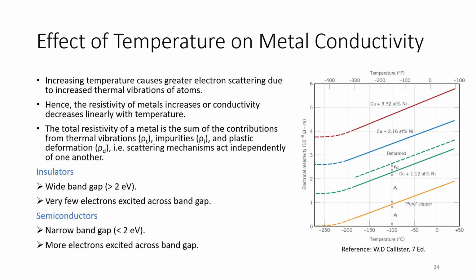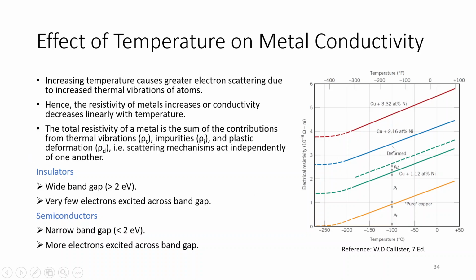In metals, the electrical conductivity arises because of free electrons. So what happens if you increase the temperature? These electrons will collide and there will be scattering because of that. So the directionality will be lost on application of voltage, and because of that, the resistance will increase.